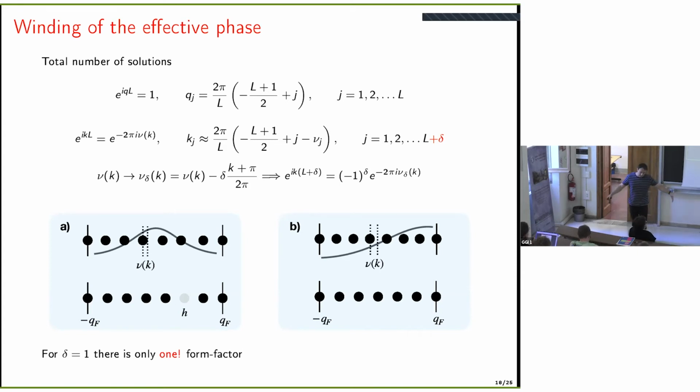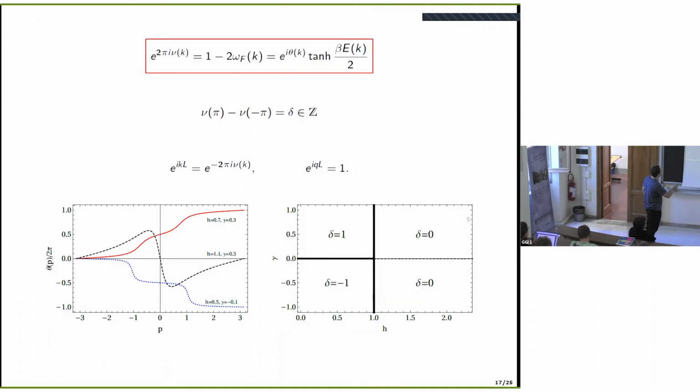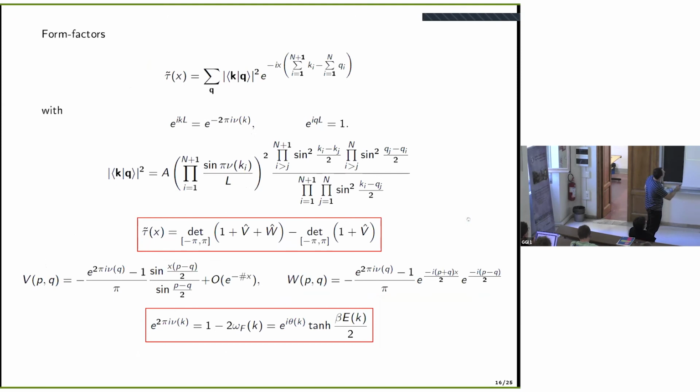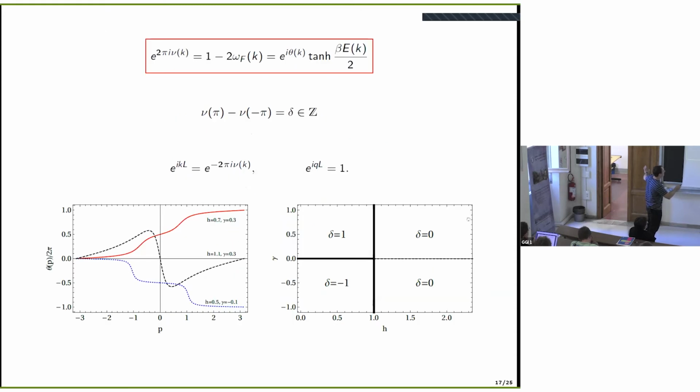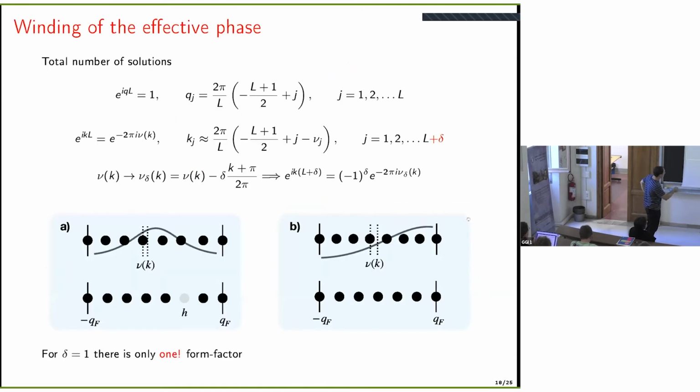Here k is the outer state and q the inner sum. Let's say delta is 0 and we fill the initial state with all possible k, all possible solutions. Then q should be one less, but there are L q's, so one we have to throw away.